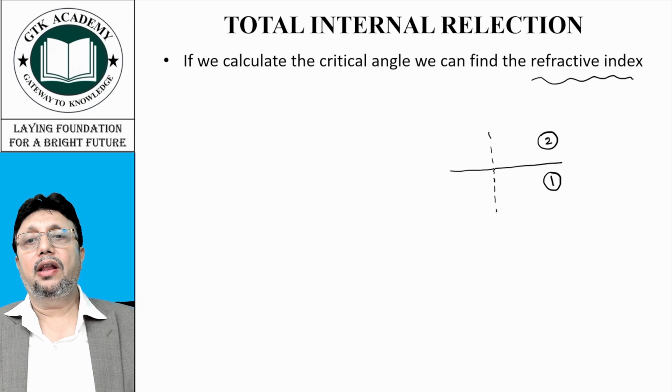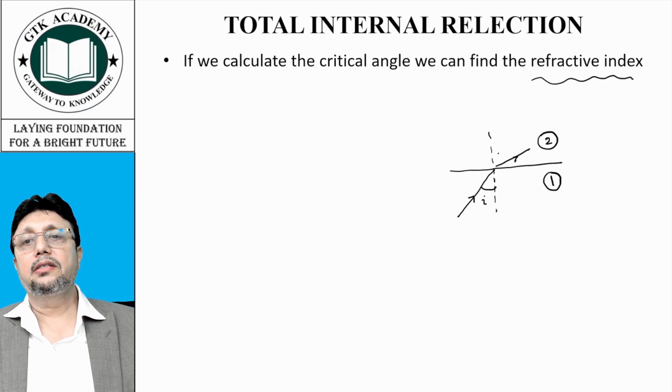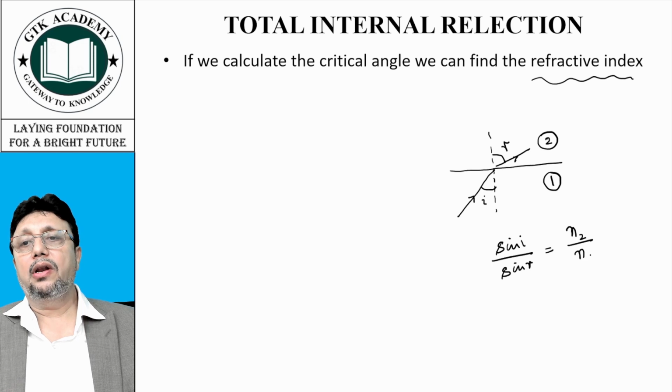If a light ray is incident here and this is the angle of incidence, and this is the angle of refraction, sin I upon sin R is equal to N2 upon N1, right? That means N2 is the refractive index of medium 2, N1 is the refractive index of medium 1.